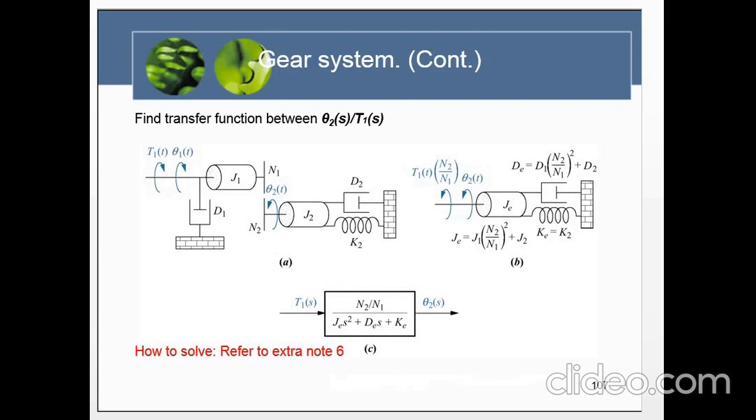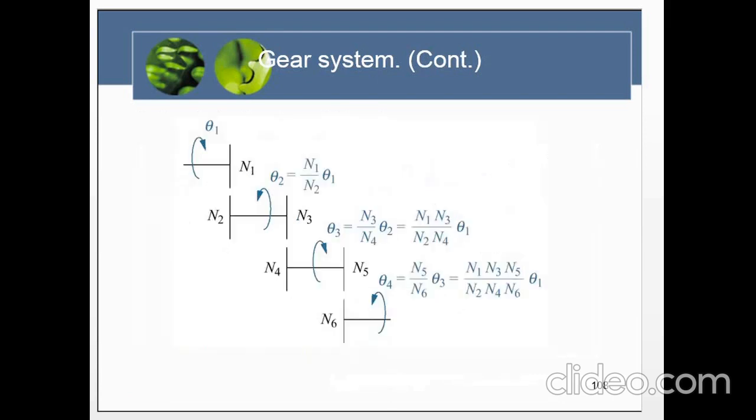Okay, and again this is another example. You can refer to extra note 6 also. This is the mechanism of how theta is transferred from N1, N2, N1, N3, and N2 and N3. It is the same position, and then there is the transfer from N2 per N4. We get theta 3.